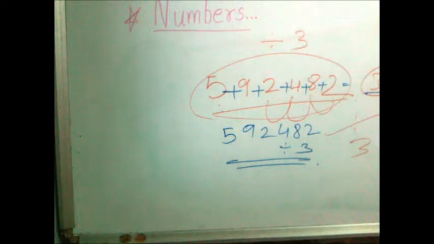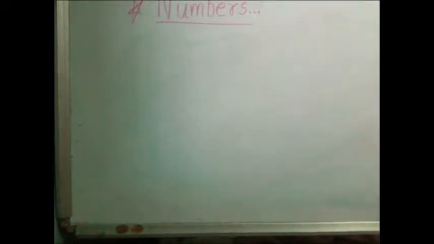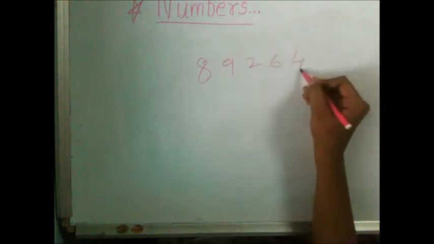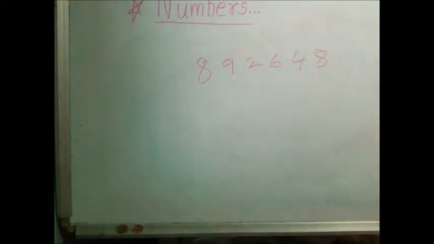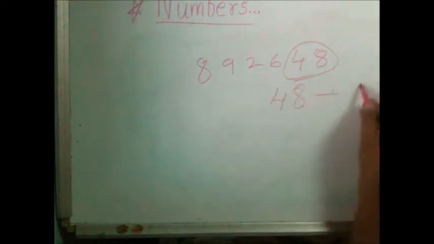Another test is divisibility by 4. A number is divisible by 4 if the number formed by the last two digits is divisible by 4. For example, 89264 is divisible by 4 since the number formed by the last two digits, 64, is divisible by 4.